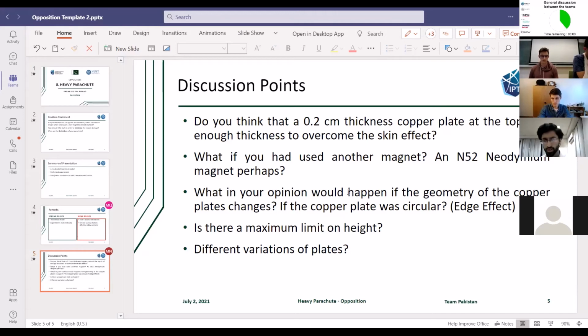You mentioned, in response to my third point, that you did not consider the shape of your plate, since your magnet's size was very much less compared to the size of the copper. Yes, that's a great assumption.